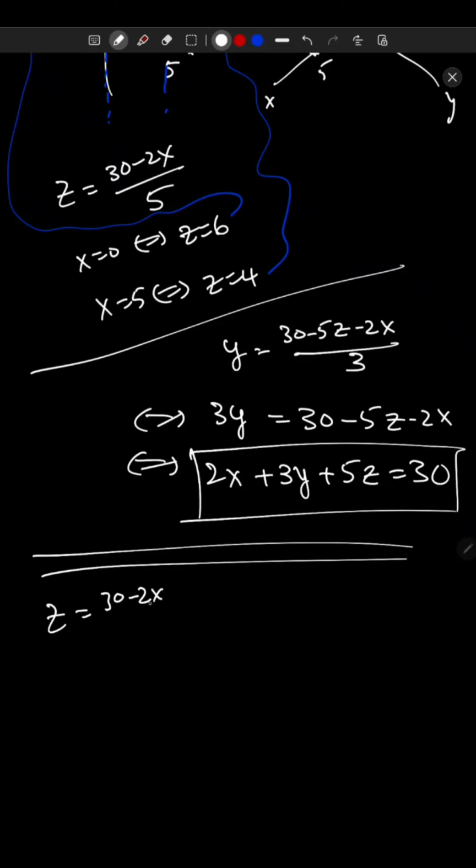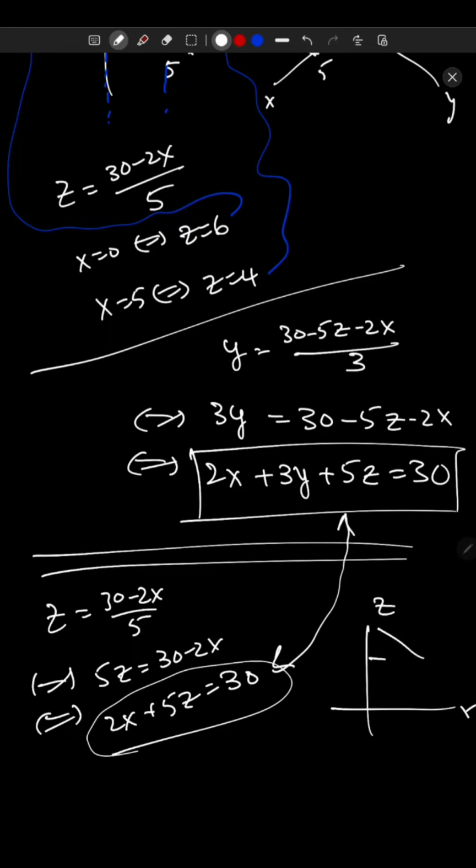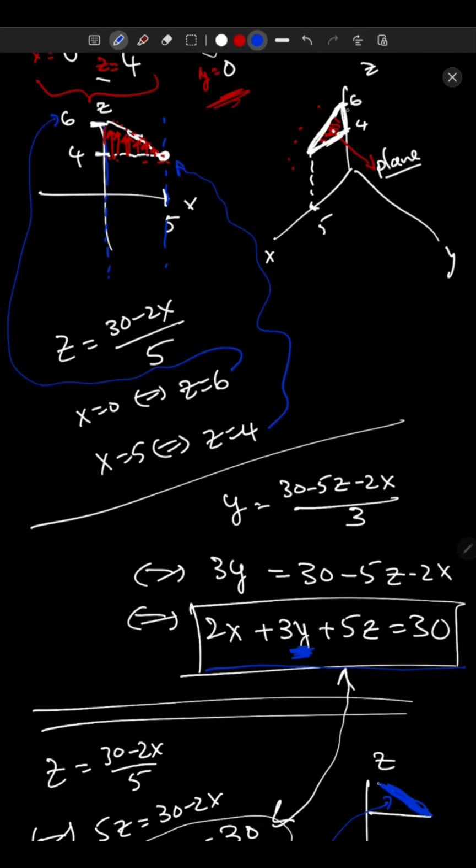Our shadow region up there was z equals 30 minus 2x over 5, which is 5z equals 30 minus 2x, which is 2x plus 5z equals 30, right? If we look at this compared to our plane, let me draw it over here, x, z, that portion of our shadow region, we can see that this is exactly the same equation except with y equals 0.